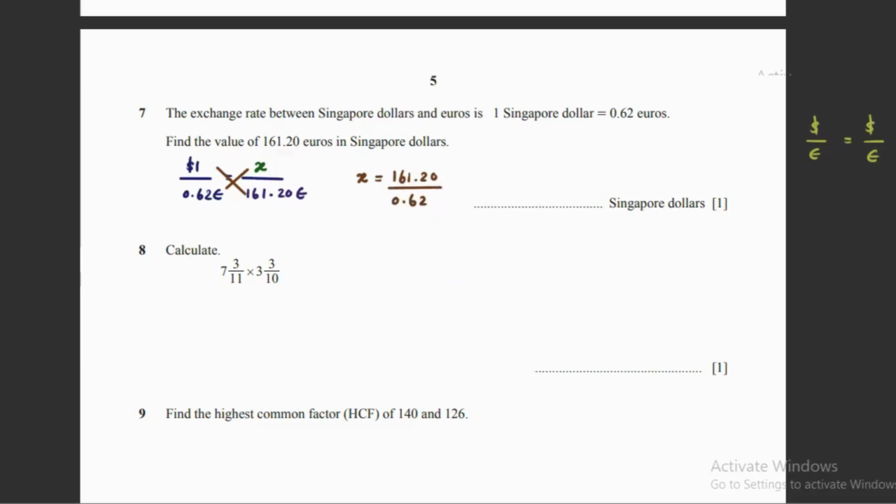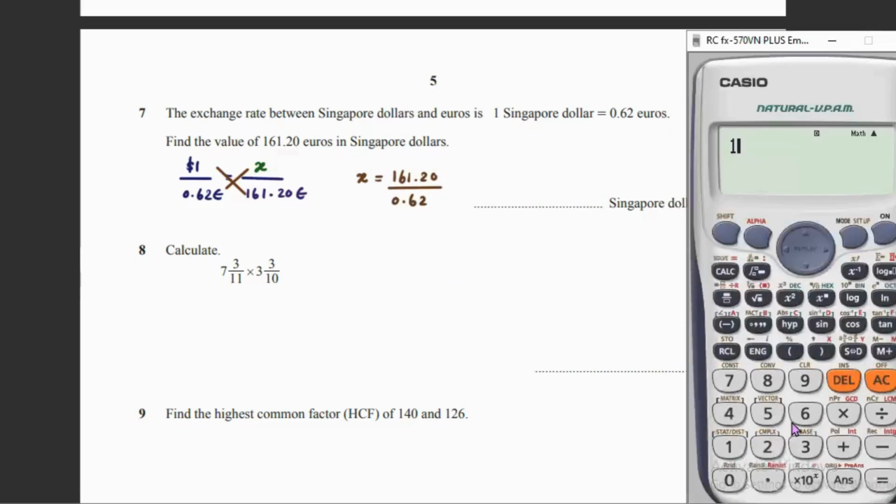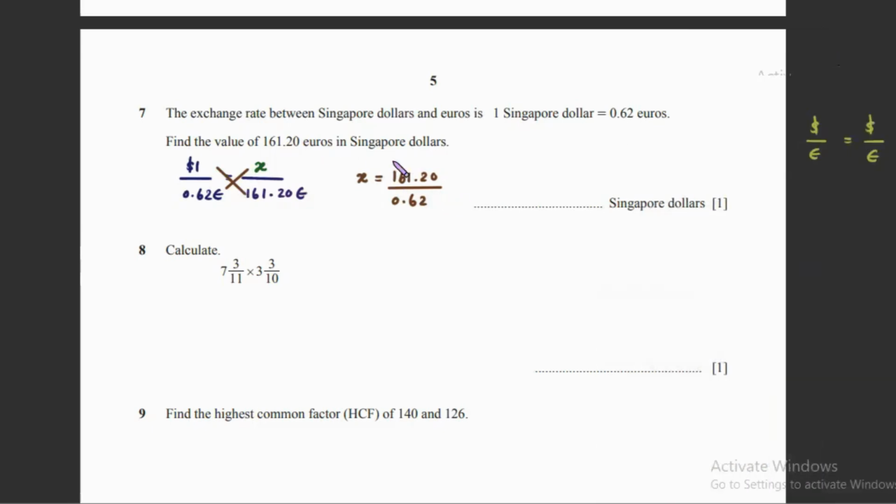So I'm going to now divide 161.20 euros by 0.62. So when I do the division, I get 260, which means this 161.20 euros is the same as 260 Singapore dollars.